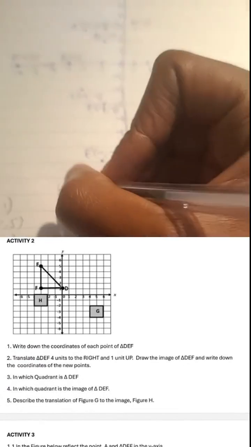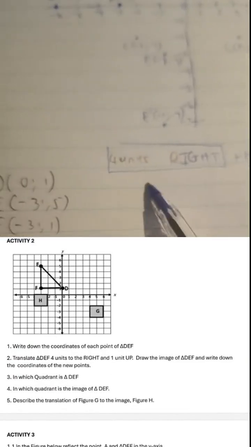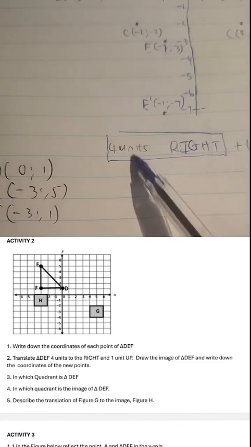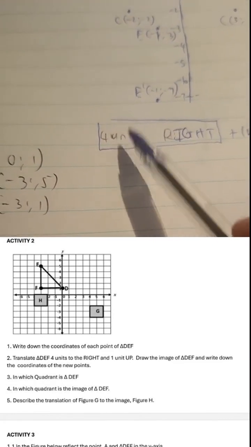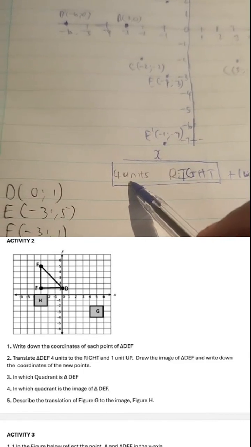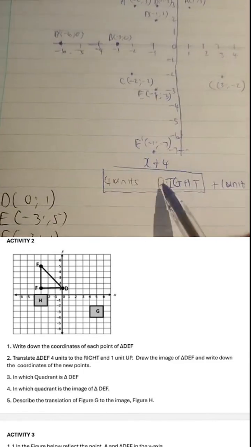Okay, so we need to first understand, if we are saying 4 units to the right, remember, what does the 4 units to the right affect? Right or left means horizontal translation, and this will affect our x coordinate. So to our x coordinate, 4 units to the right, we are going to be adding 4.